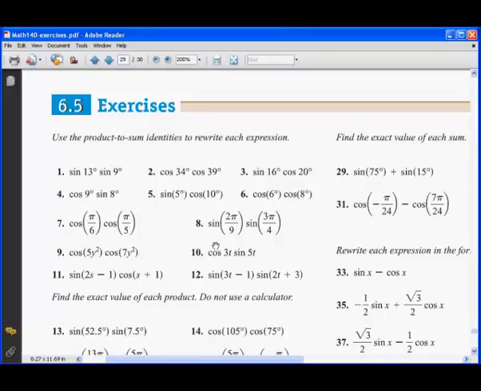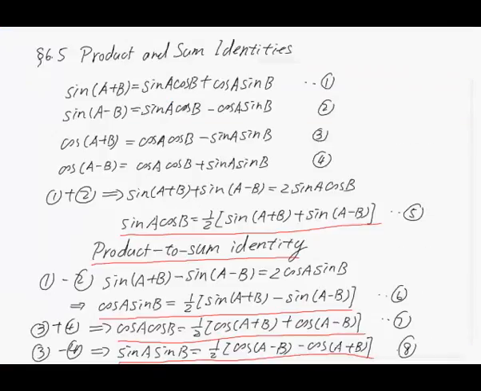So we need to rewrite sine of 2 pi over 9 times sine of 3 pi over 4.